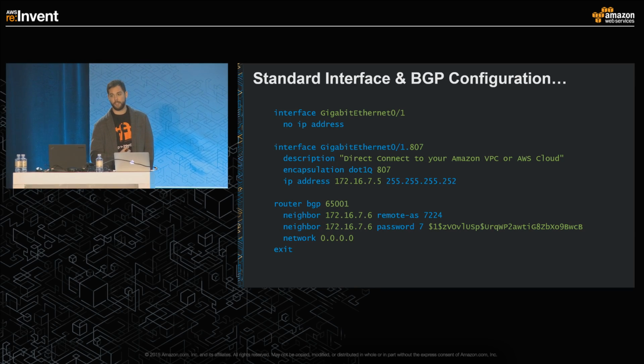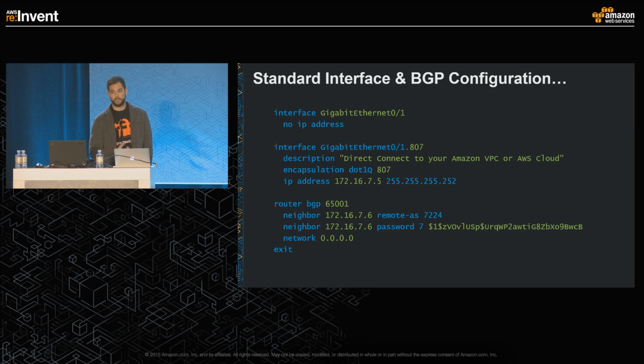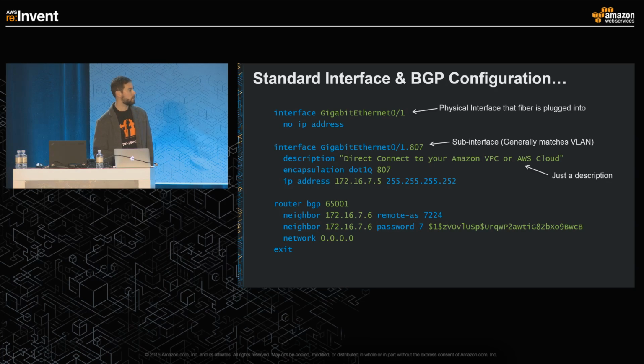I'm doing tagging in VLAN 807, so we're using VLANs on a Direct Connect, standard 802.1q VLANs. We've also got router BGP 65001, so that's our BGP configuration. I'll walk through this a little bit more later, but this is just a sample configuration of what would be configured on that device. So we've got our physical interface, our sub-interface, our VLANs, our BGP autonomous system number, and our MD5 password.